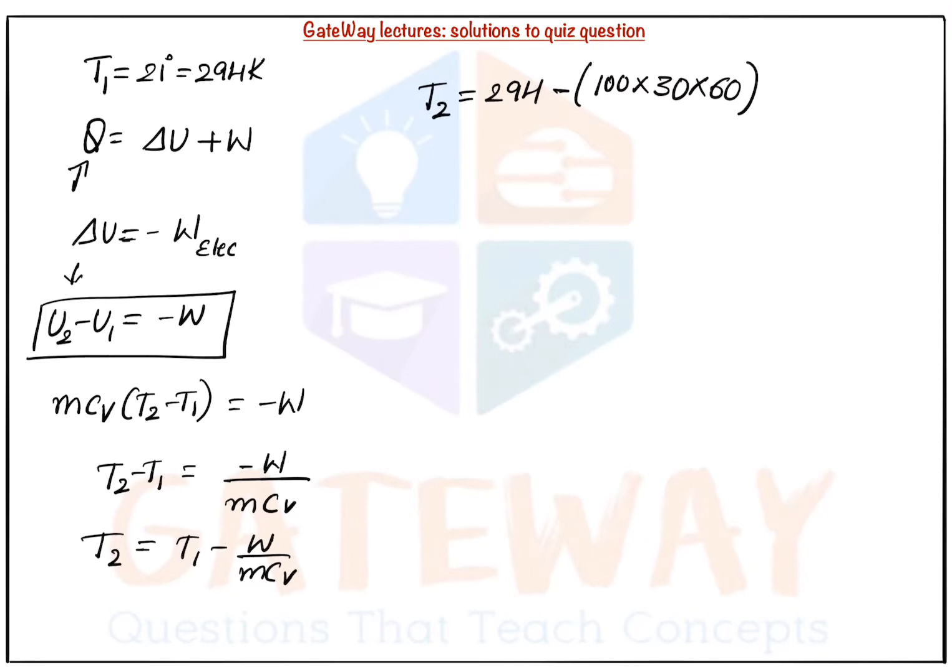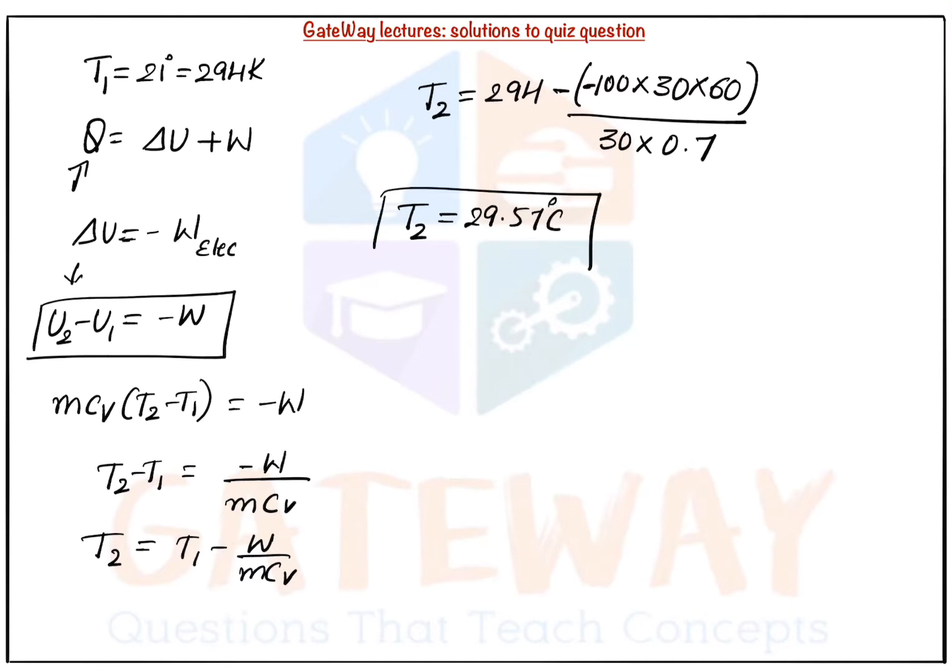Work done on the system is negative, so here it will be negative, divided upon m Cv. The mass is given as 30 kg and Cv is assumed to be 0.7. From that we will get the value of T2 as 29.57 degrees centigrade, and this is our answer.